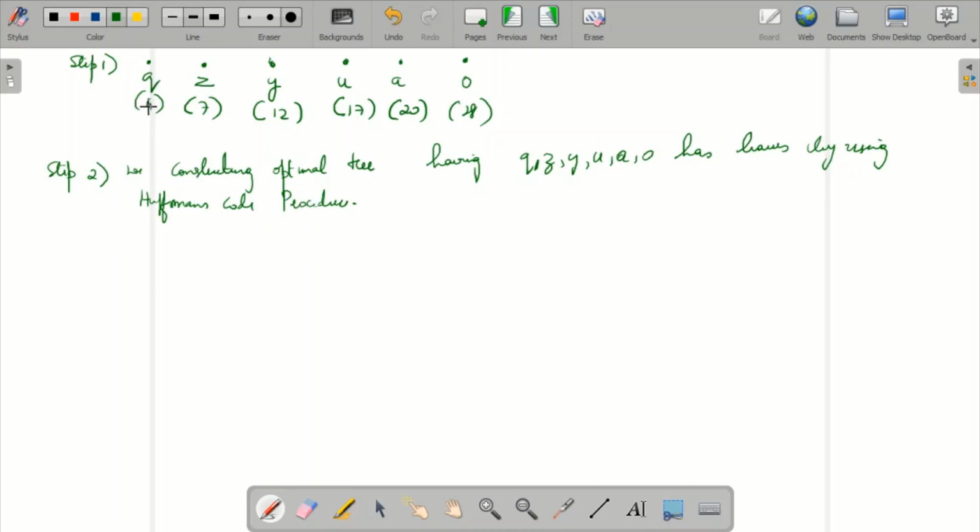Now in this minimum is 4 and 7 when combined. So from step 1 you combine these two leaf nodes and form a new vertex and find the weight. When you add 4 plus 7, that will give you 11, which is less than this.